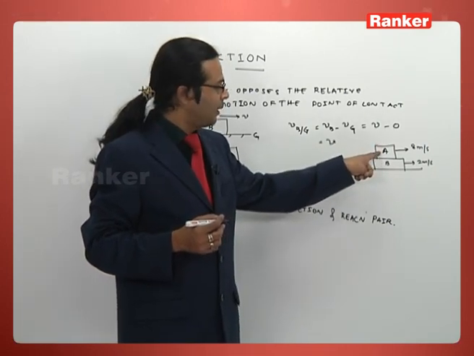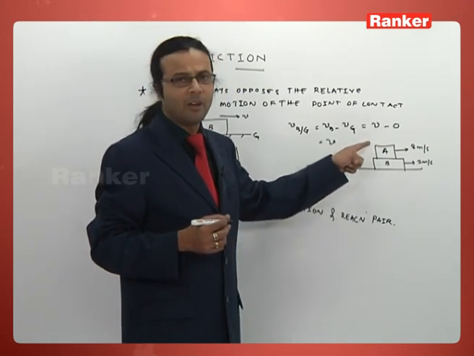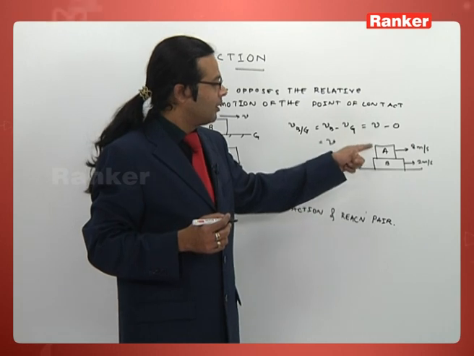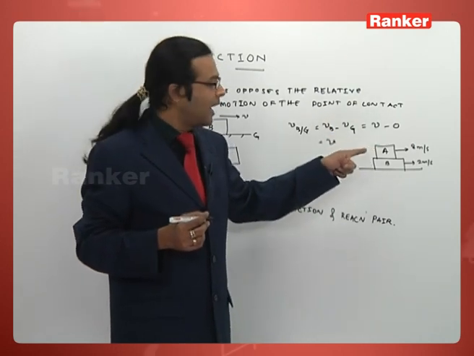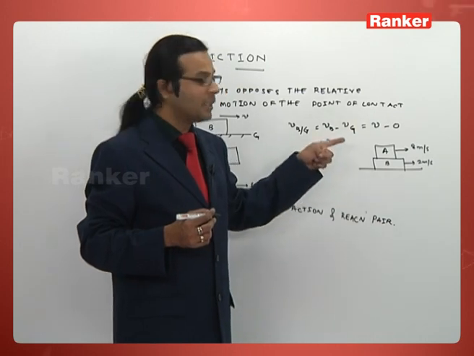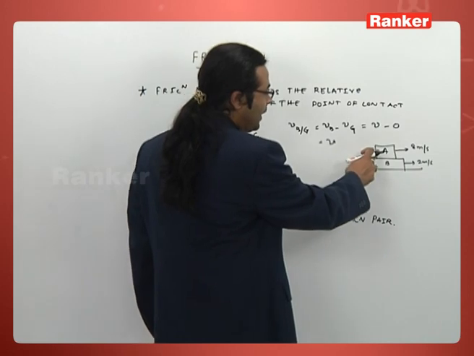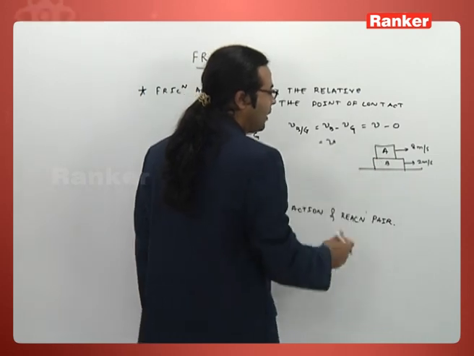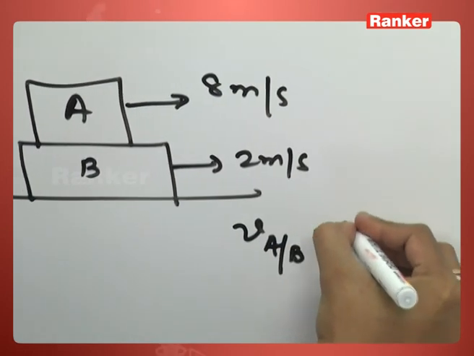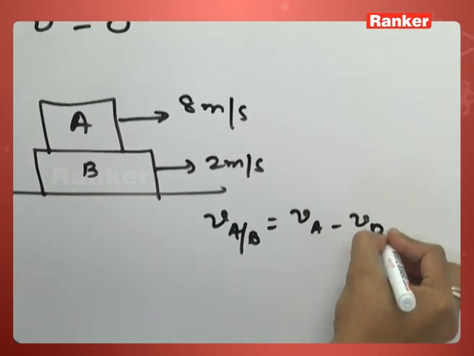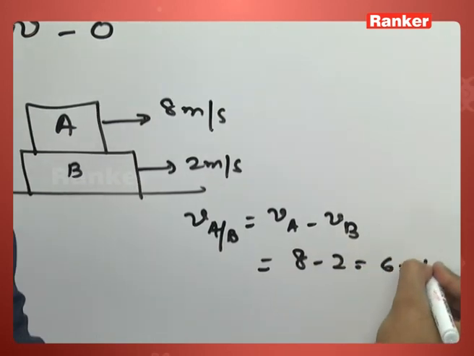Always keep that in mind: whenever you want to find out the direction of frictional force acting on a particular body, you should always find the relative motion of that body with respect to the surface on which the body is making motion. So here body A is making motion on body B, so I will write velocity of A with respect to B is nothing but velocity of A minus velocity of B. This is 8 minus 2, this is 6 plus.